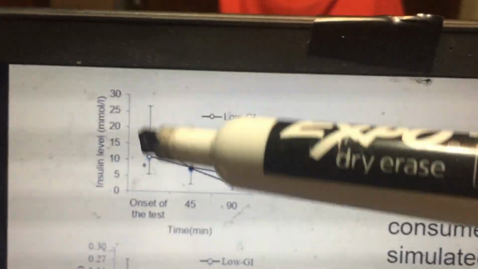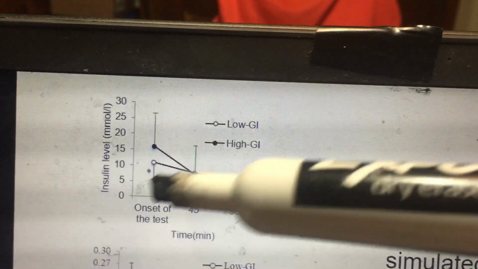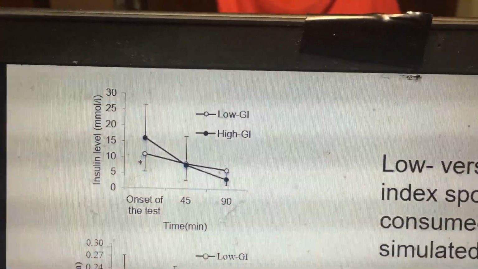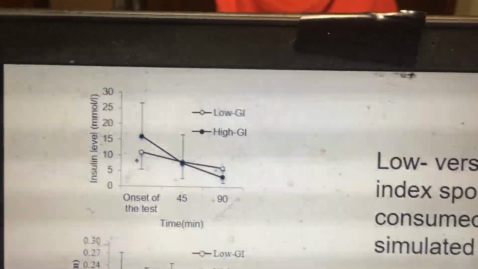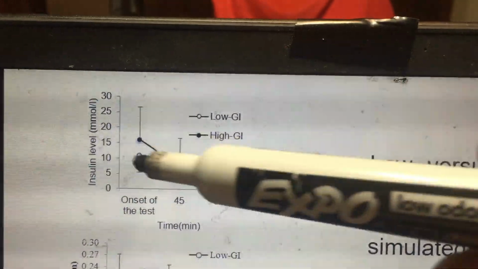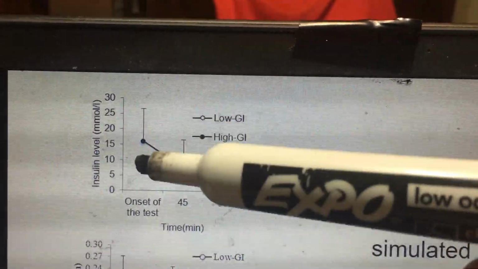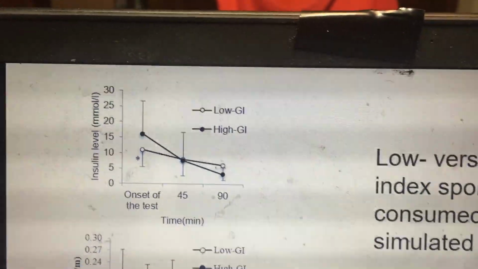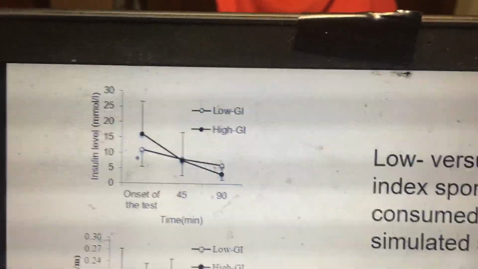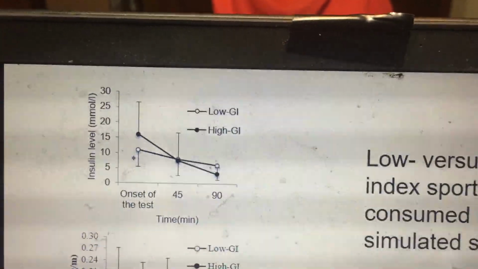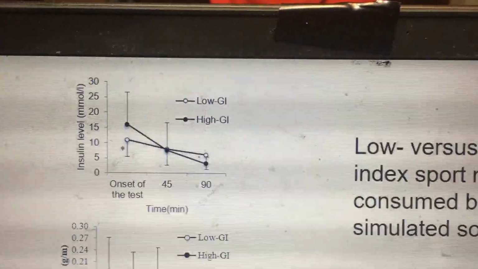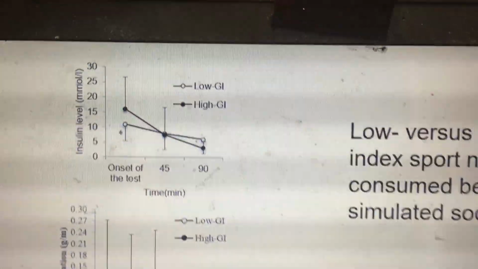You can see that after consumption of the low or high glycemic index sports nutrition bar, the high glycemic index bar results in a greater elevation of insulin before the exercise session. Recall that the greater elevation of insulin tends to pack away fats into adipose tissue, and it prevents the mobilization of fats from adipose tissue and inhibits fat oxidation.